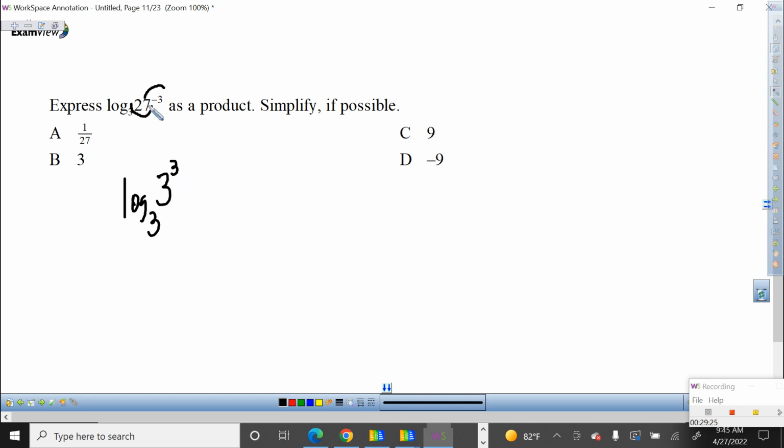But what was already there in the exponent of the 27? Times negative 3 in the exponents. Therefore, this becomes log base 3, 3 to the what? 3 times negative 3 is negative 9. Correct answer for this one is B.